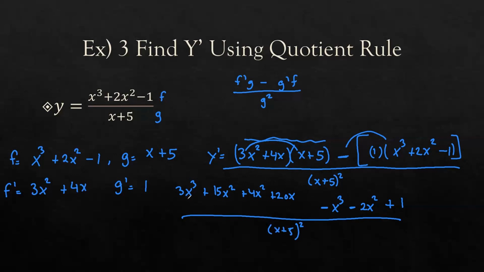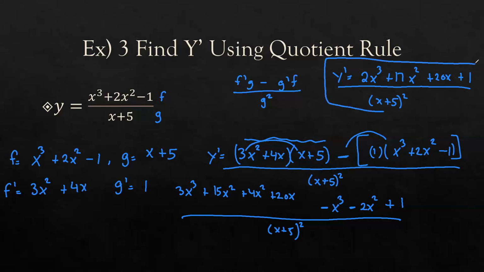When you collect like terms on the numerator, your final answer will be y prime equals 2x cubed plus 17x squared plus 20x plus 1 all over x plus 5 squared. So that is y prime.